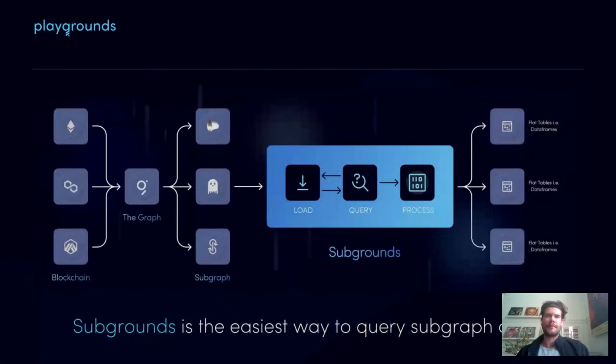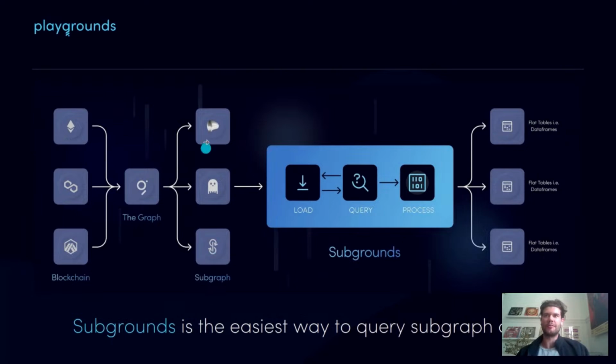So this is a simplified representation of where Subgrounds fits in the data story. On the left-hand side here, you have The Graph, where the raw blockchain data is indexed by The Graph and its network of indexers, and then modeled into subgraphs.